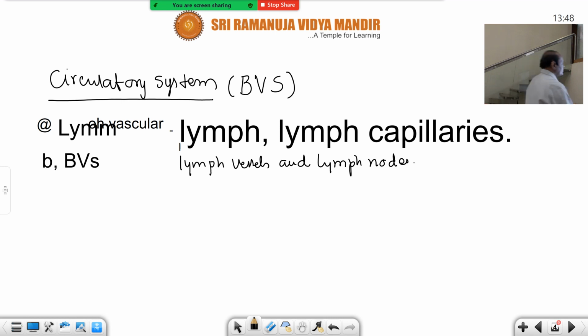You all know what lymph is. It is nothing but blood without RBC and a few proteins, which are not found in the lymph. Lymphocytes are WBC, the more abundant WBC as in humans. Lymphocytes are also present. So that is lymph, a colorless, watery fluid.